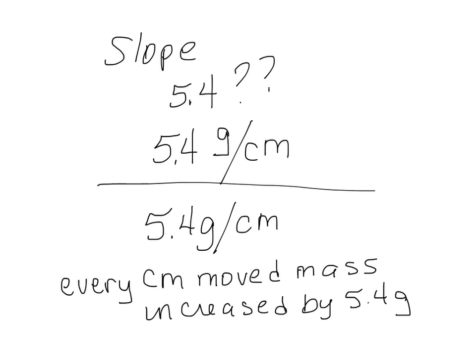That is what slope means. And that's what you will be finding on these graphs. When you do a graph and you get a straight line, you have to find the slope.